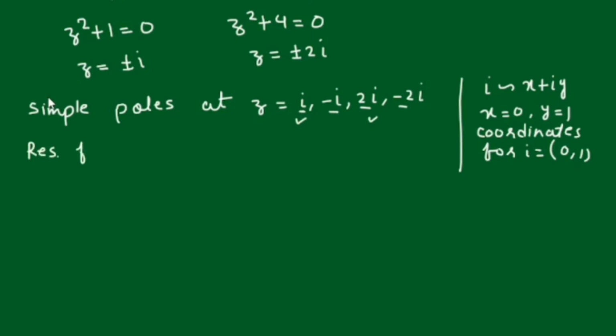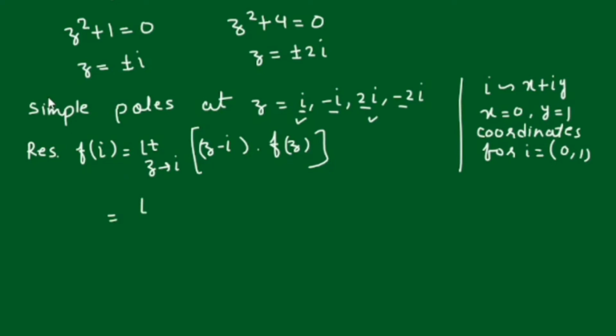So residue at iota. We are getting a simple pole here. So limit z tends to iota of z minus iota into f(z). Limit z tends to iota, put the values here, z minus iota into z square.